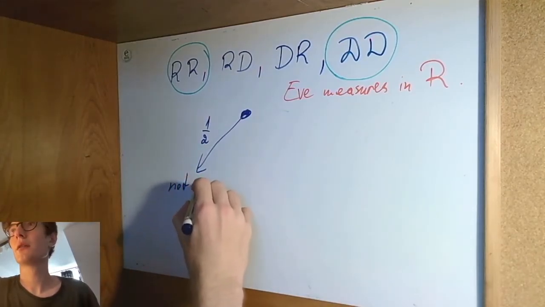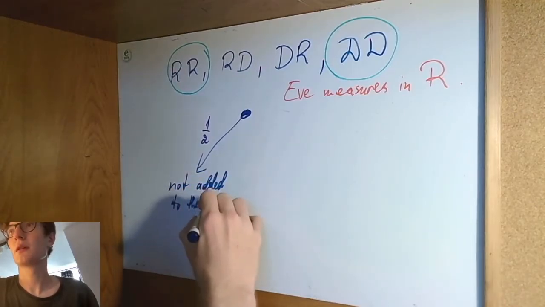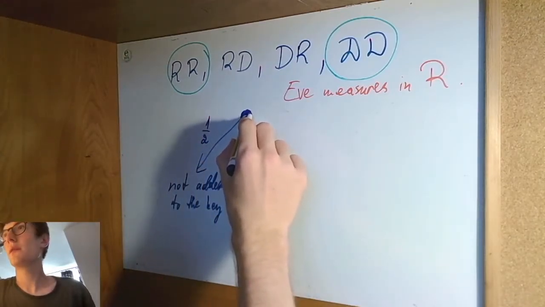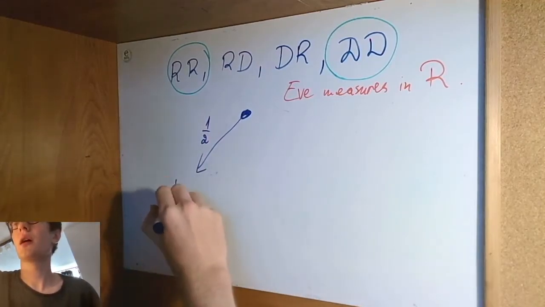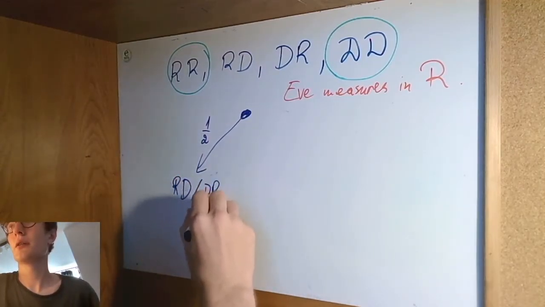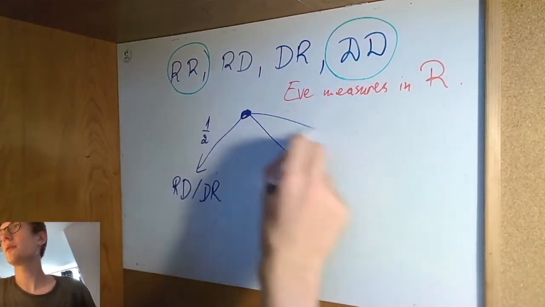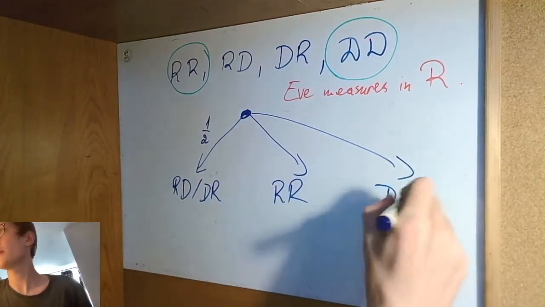Not added to the key. That is RD or DR, these 2 possibilities. And the two other possibilities are RR or DD, right?